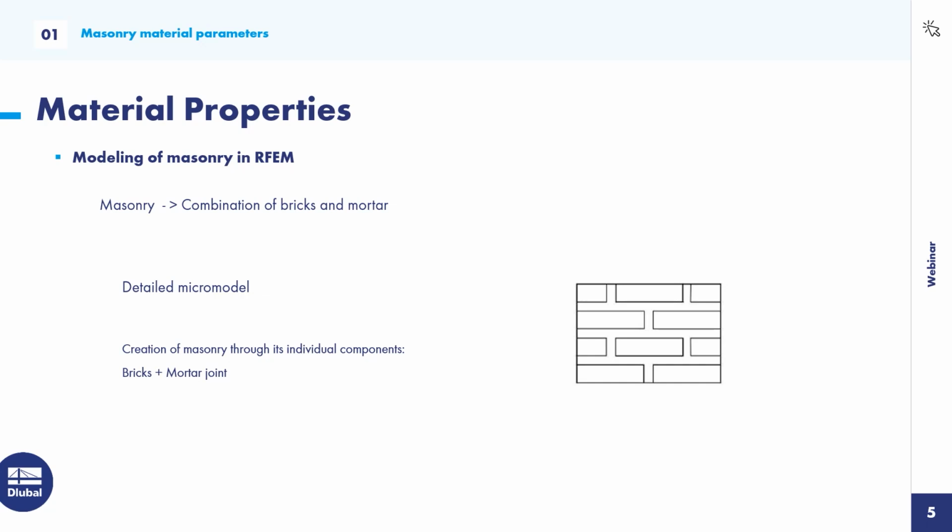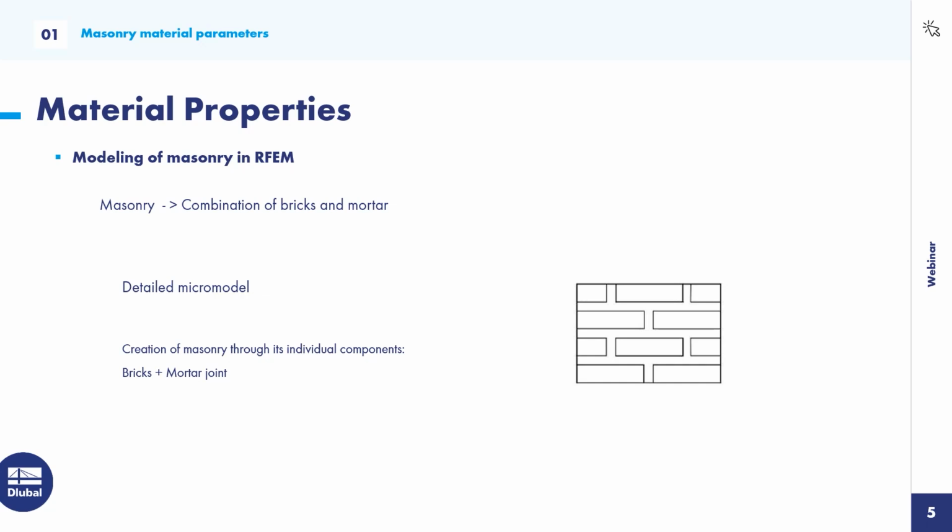This detailed micromodel would mean that the stones, the bricks and the mortar are directly created in the RFEM model. So each brick is one element and also the mortar joint is an element too. That would mean that the individual components are exactly created in the program.